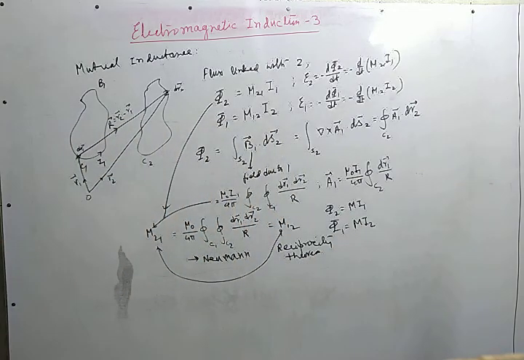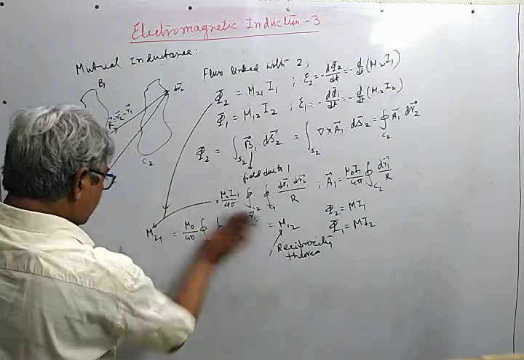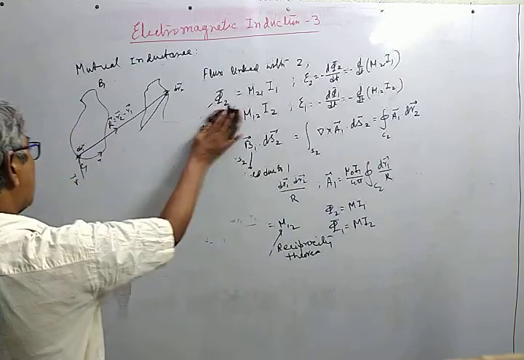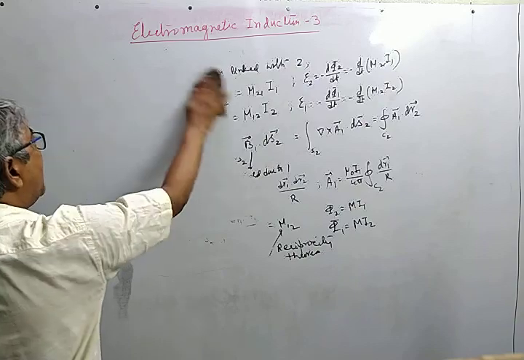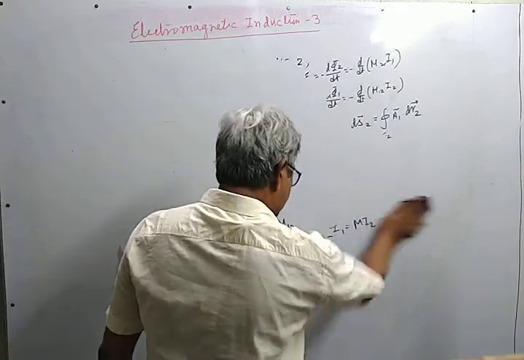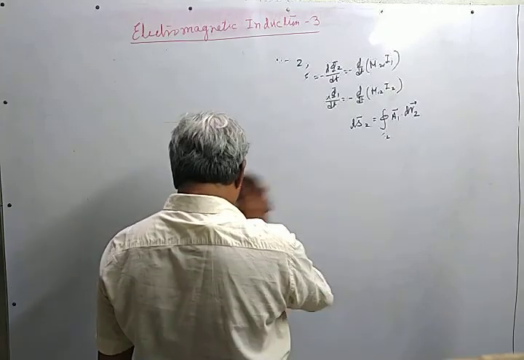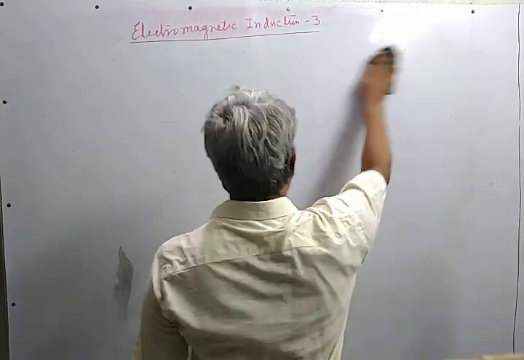Now we shall calculate mutual inductance in a few simple cases. Firstly, we consider a standard solenoid. A standard solenoid that we generally use in the laboratory consists of two solenoids. One is a very long one called the primary, and a short one which is known as the secondary.